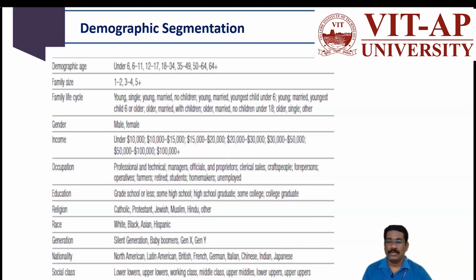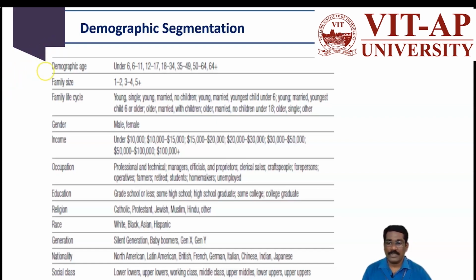In cars, they also go for a higher segment. The big cars are focused towards the higher income group. There are a lot of luxury car brands available, like Mercedes and BMW. They try to focus on higher income groups.